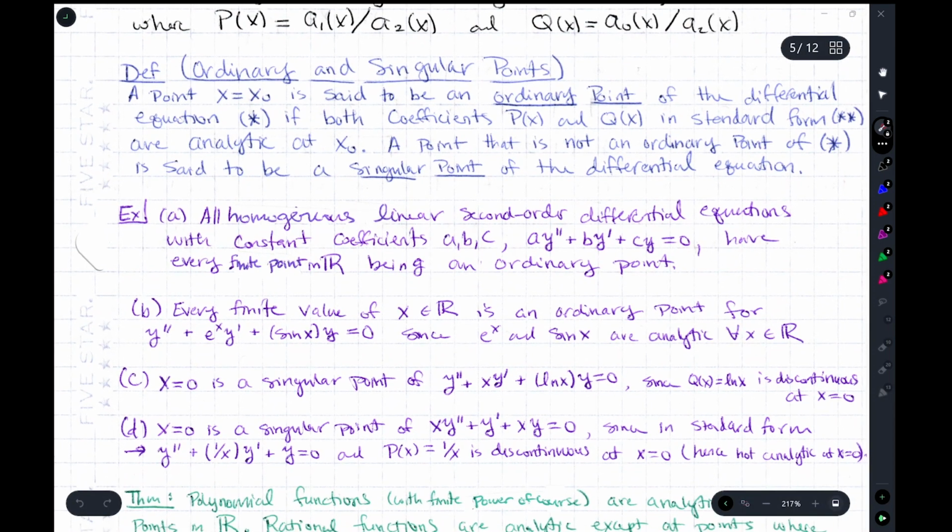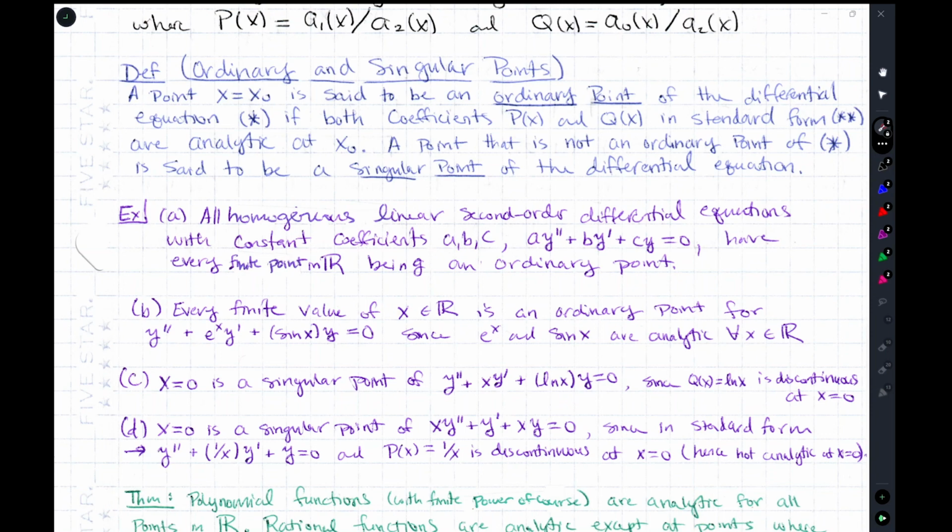x equals 0 is a singular point of this differential equation. It's already in standard form. So why is x equals 0 a singular point? It's not because of this. It's actually because of the natural log. Natural log is discontinuous at x equals 0 and hence cannot be expressed as a power series around there.